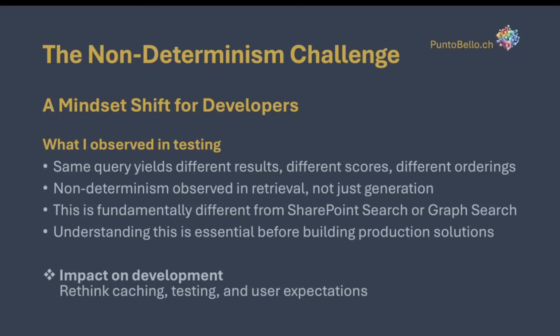That's not a bug. It appears to be how AI-augmented retrieval works. So understanding and accepting this is essential before building a production solution. It changes how you think about caching, testing, and what we promise to our users in terms of consistency.